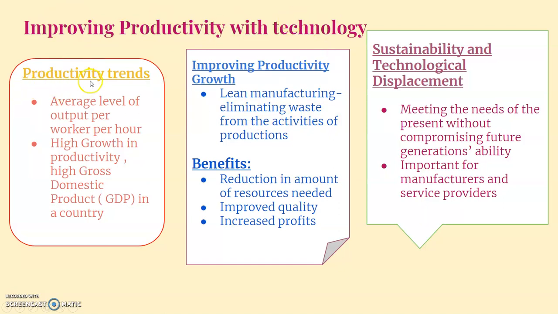Now we have productivity trends. This is where you check the GDP, the level of output per worker per hour, meaning you average out how much time they need to produce the output.